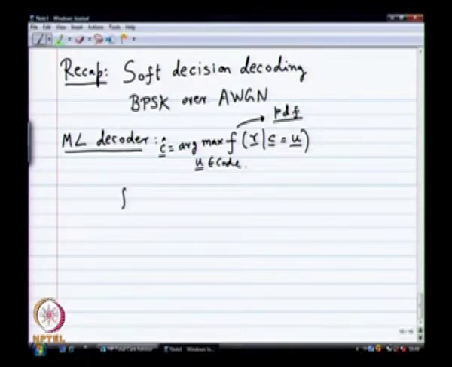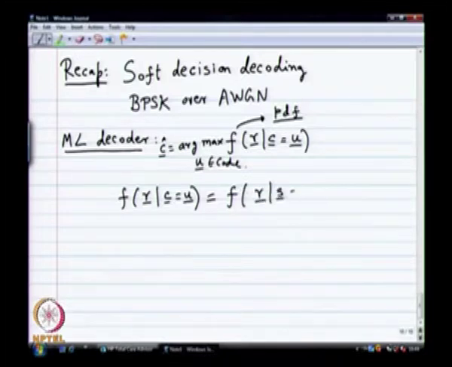So this f of r given C equals u. All this is quite standard, but I am doing it a little more slowly so that we can see what is happening. This is going to be f of r given s equals 1 minus 2u.